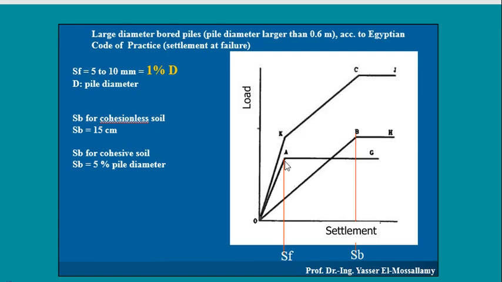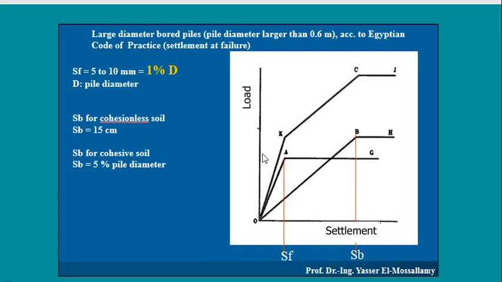So if I know point A and point B, then I can draw both charts. How can I know a point on this graph? If I know the settlement and the load corresponding to this settlement. So the code is going to give me this point in terms of settlement and in terms of loading.